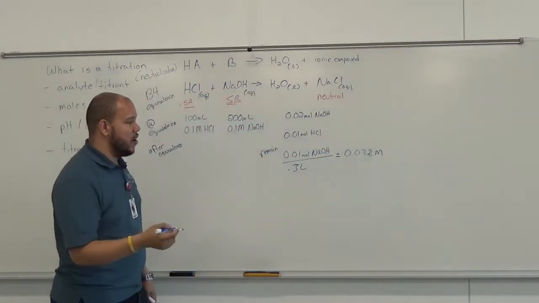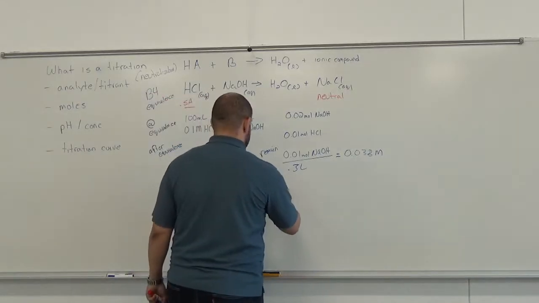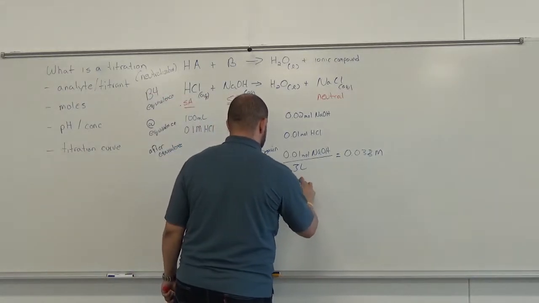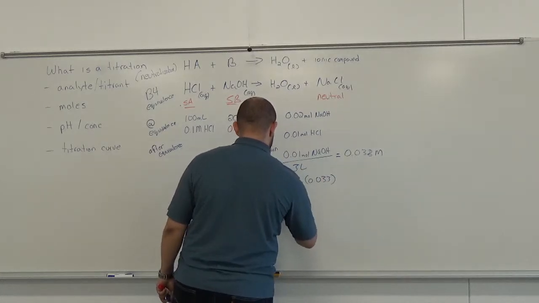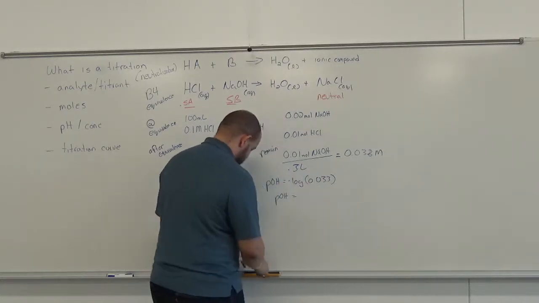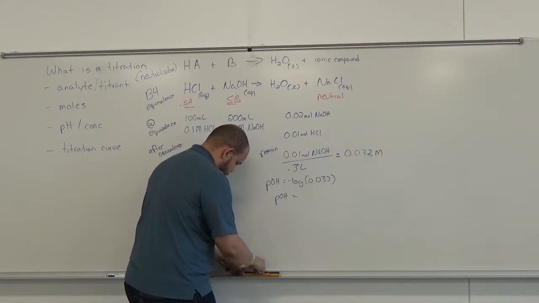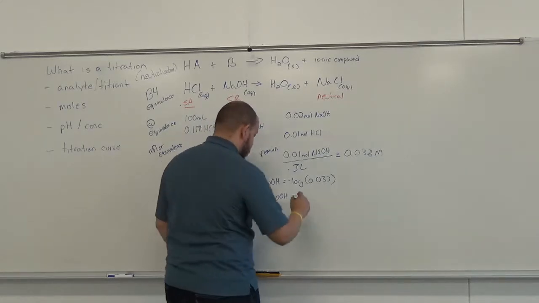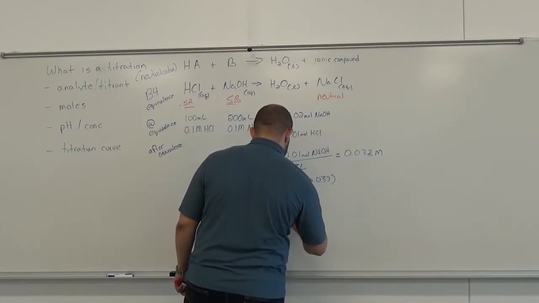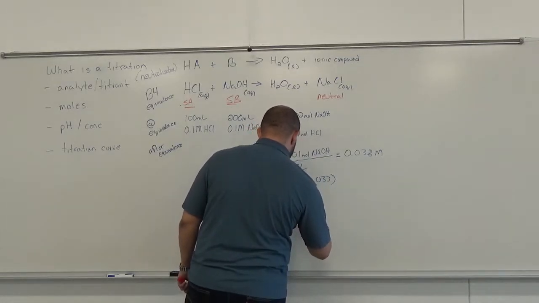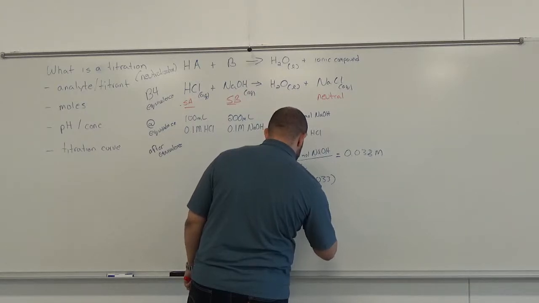Okay, and now we are dealing with pOH, which is equal to negative log of 0.033, and pOH is equal to then 1.48. Therefore, pH is equal to 12.52.